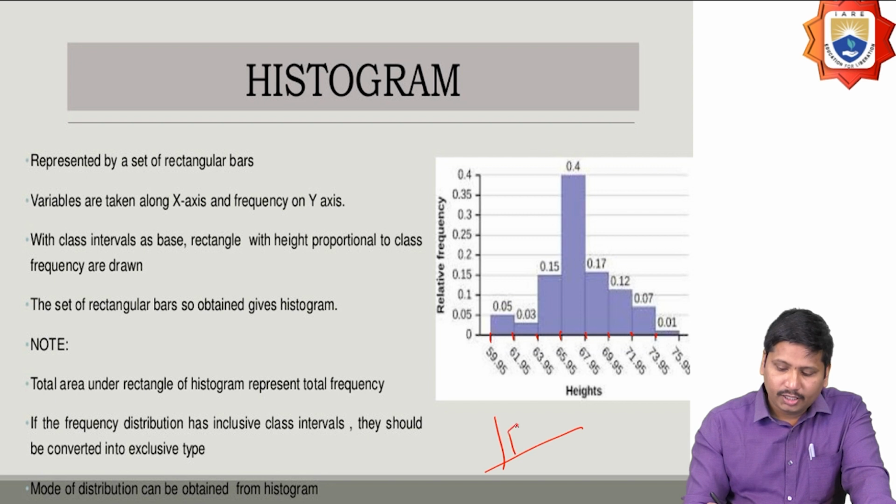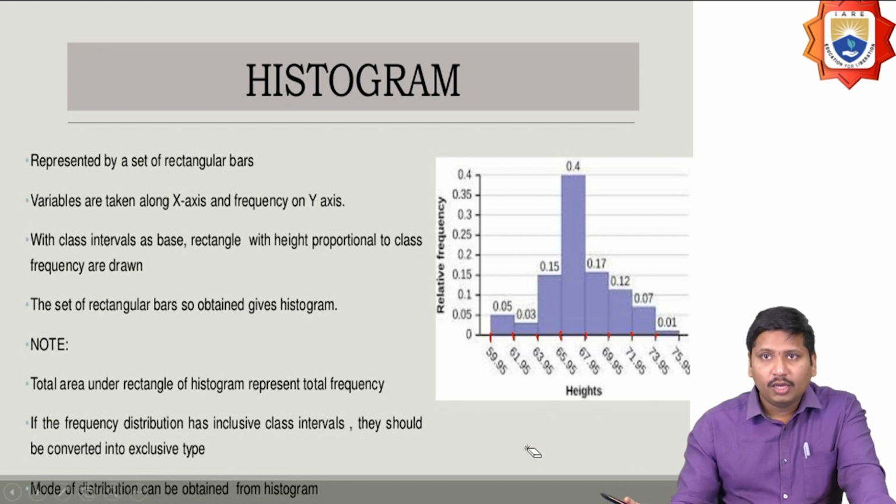Whereas in a bar diagram, we do not maintain the class intervals. Based on the value of the independent variables, we show the bars. When I do not maintain the space and show the bars in between the class intervals, it becomes the histogram. So that is the difference between the histogram and the bar diagram.